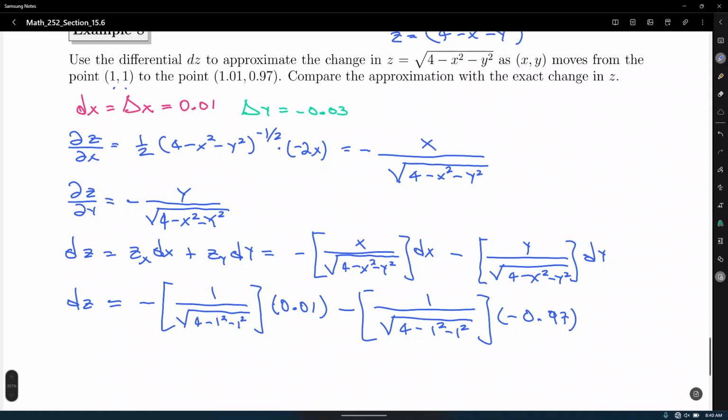All right. Okay, let's simplify this a little bit. Let me just do negative 0.01 divided by the square root of 2, minus, what's that? Actually, that's a plus, 0.03 over also the square root of 2, which in this case is approximately 0.014.